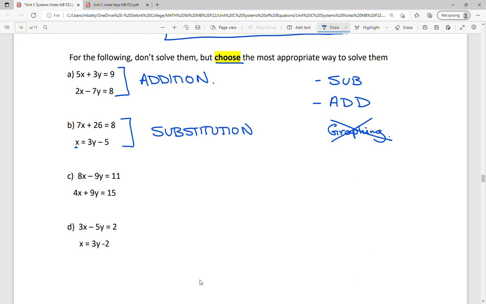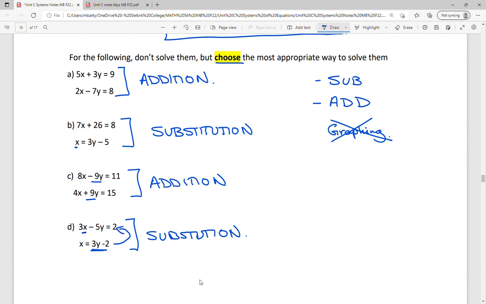It means that I could take equation 2 and sub it into equation 1 to approach that one. And for C, when I look at this, it's actually so ready for that addition method. If I were to try and solve it for X or Y, again, horrendous fraction land. And for D, I would pick substitution for this one because it's already primed. It's already easy to take this and sub it in for X.